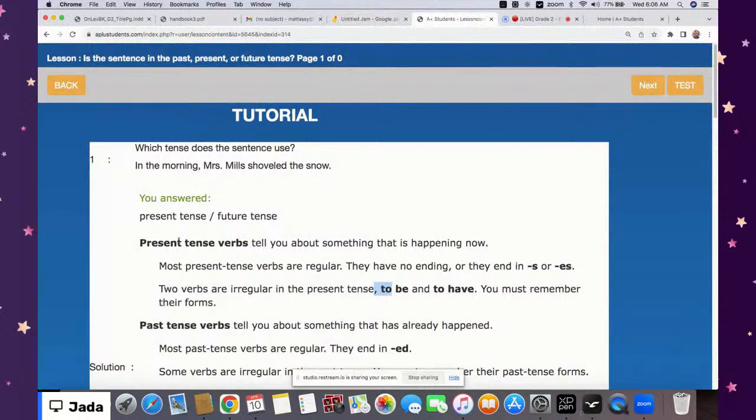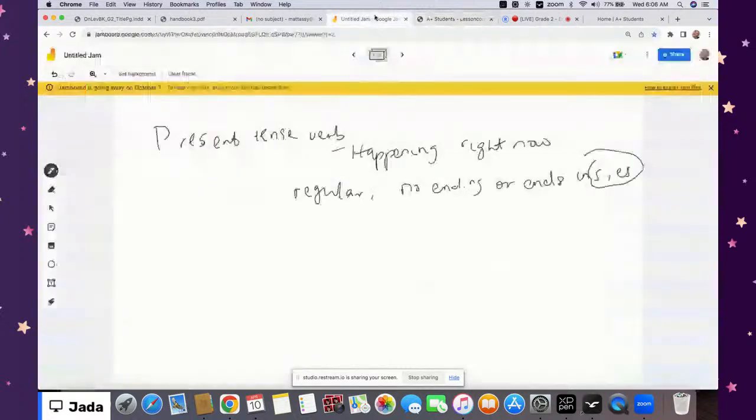So when we say present tense, it's something that we're doing at the moment. So let's give some present tense sentences. Okay, so we will have five sentences for present tense.